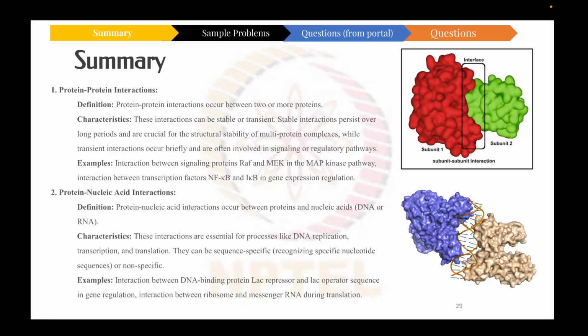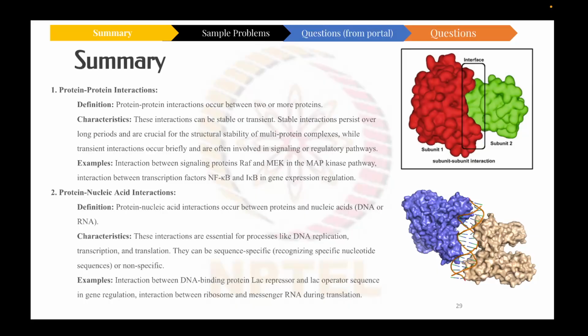Protein-protein interactions refer to the physical contacts between two or more proteins, leading to the formation of complexes or assemblies that perform various cellular functions. So we have several types of protein-protein interactions.